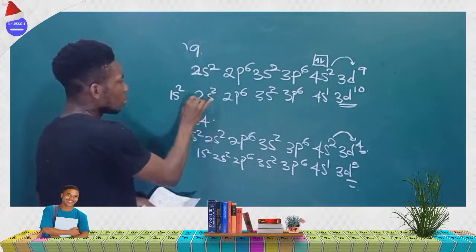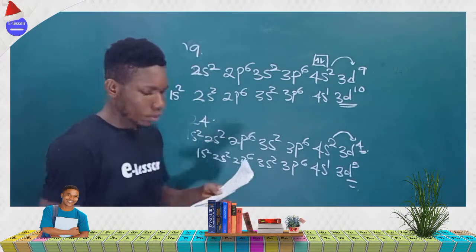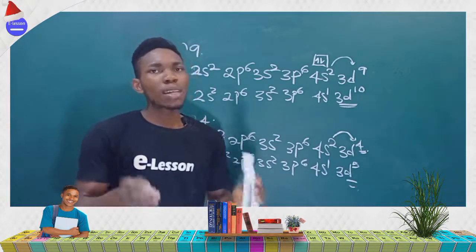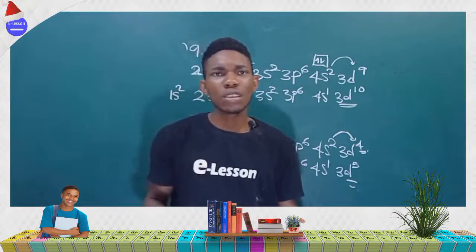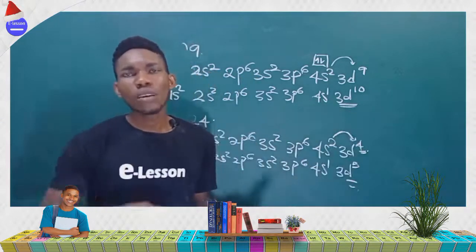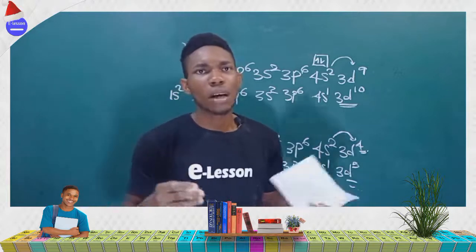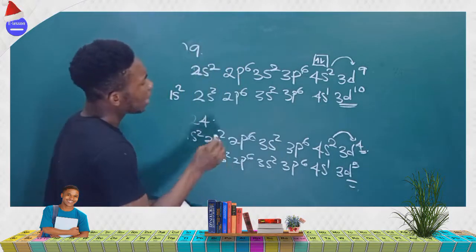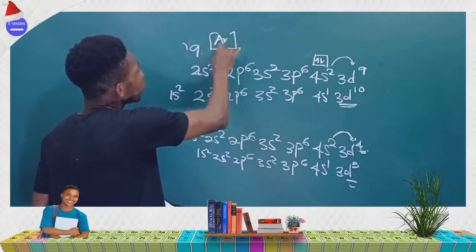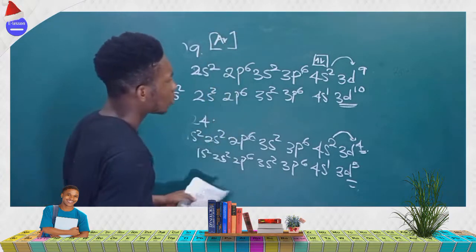But for this particular question, the options given to you are in the condensed form. The condensed form suggests that you take the nearest noble gas, write it in the condensed form, then continue with the other orbitals. The nearest noble gas is argon, isn't it?